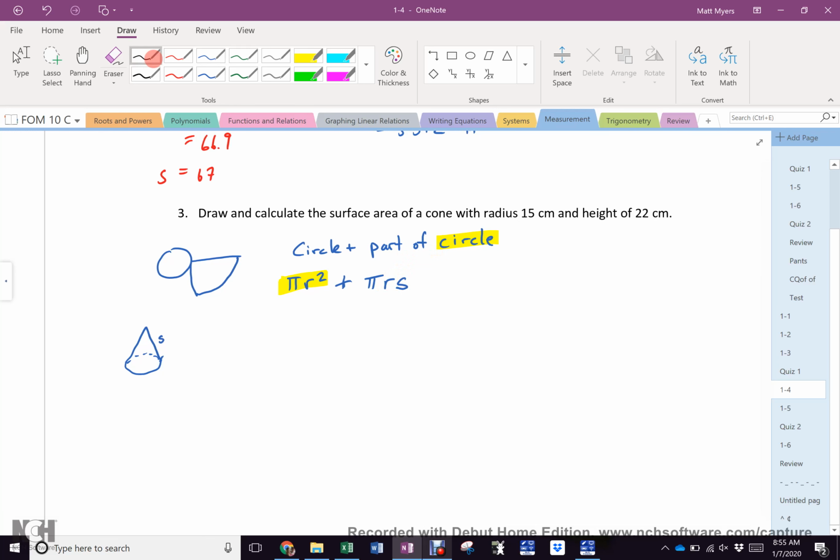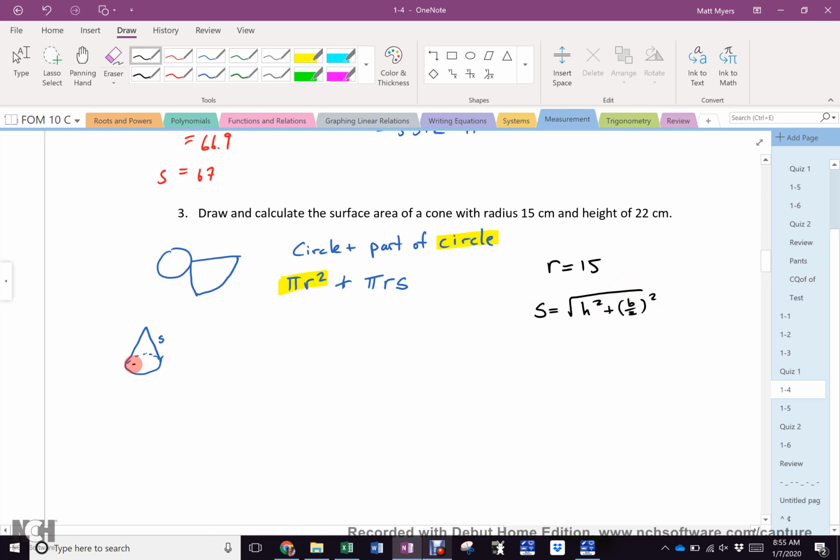Okay. Do I know the radius of this cone? What is it? Radius equals 15. Do I know the slant height? No. But I know that slant height always equals square root of what? We just did it 2 seconds ago. Height squared plus base over 2 squared.